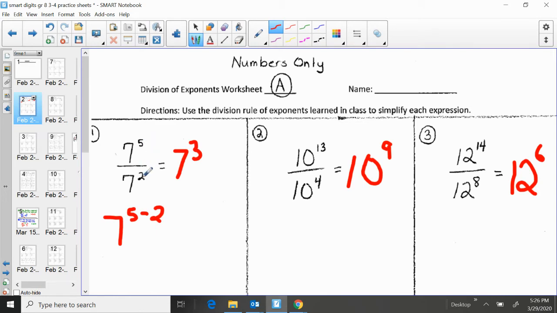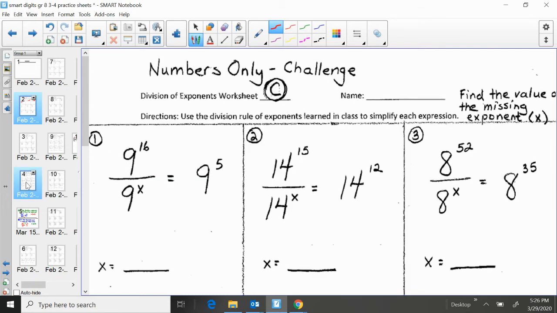We subtracted them. Okay, so that makes sense. So what do you think we're going to do here? Let's think. 16 minus what number would give me 5? And that's 11. So it had to have been an 11 there because 16 minus 11 is 5.